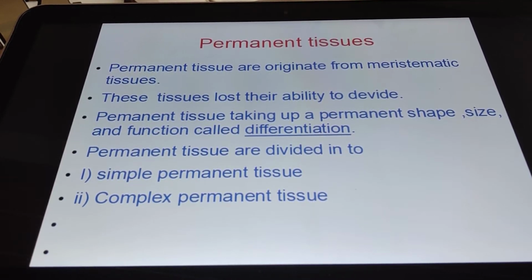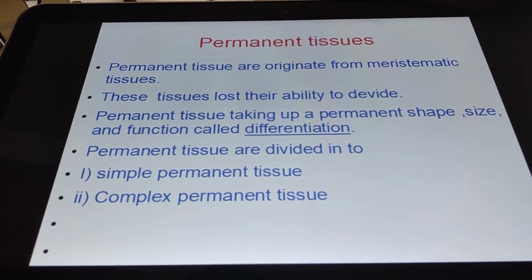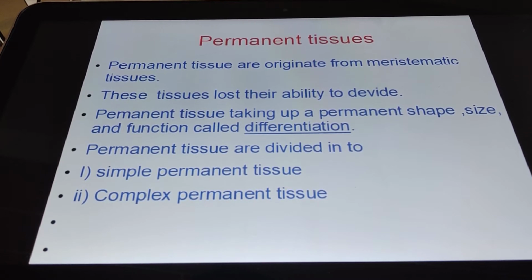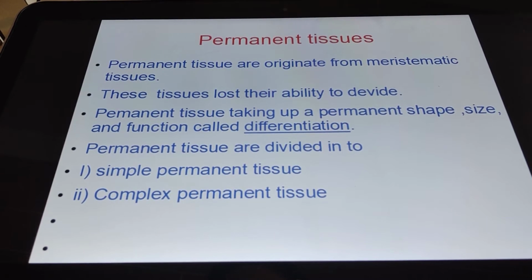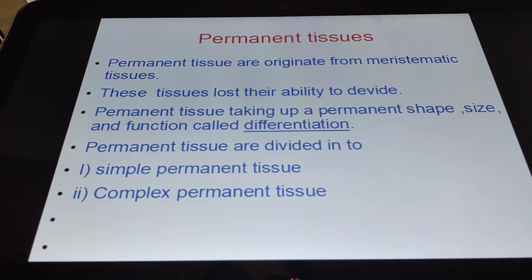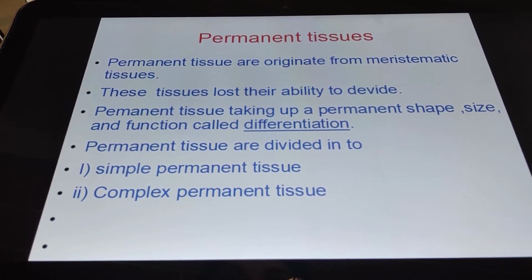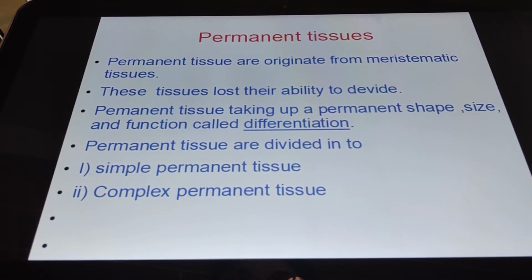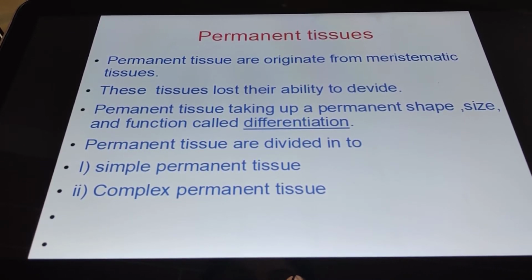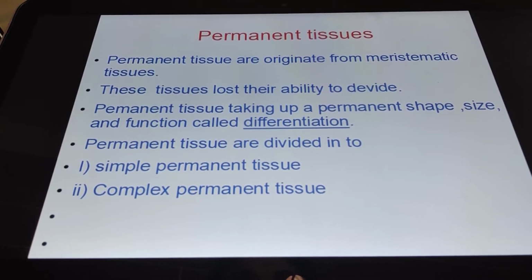We have already seen that the growth of plants occurs only in specific regions due to the dividing tissue, which we call meristematic tissue. We have also seen that meristematic tissues are subdivided into three: apical meristem, intercalary meristem, and lateral meristem.